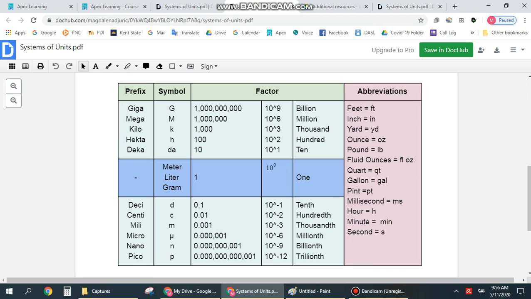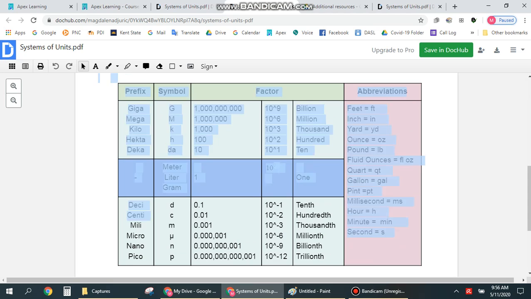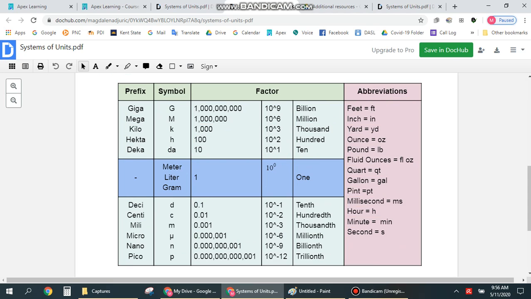So if I want to say meter, that's my base unit. If I need something smaller, I'm going to use deci, centi, or milli. So if I say millimeter, this is 1,000th of a meter. So I need 1,000 millimeters to make 1 meter, or 1,000 milliliters to make 1 liter.